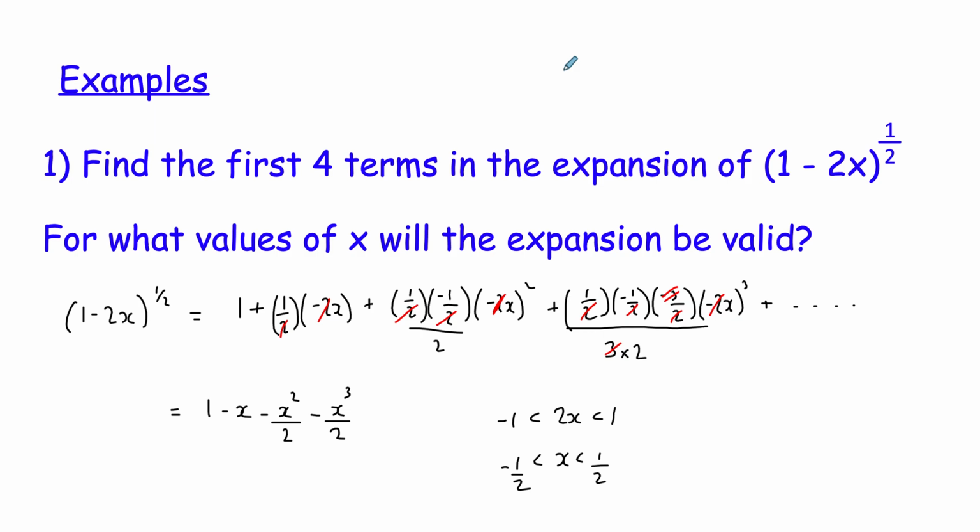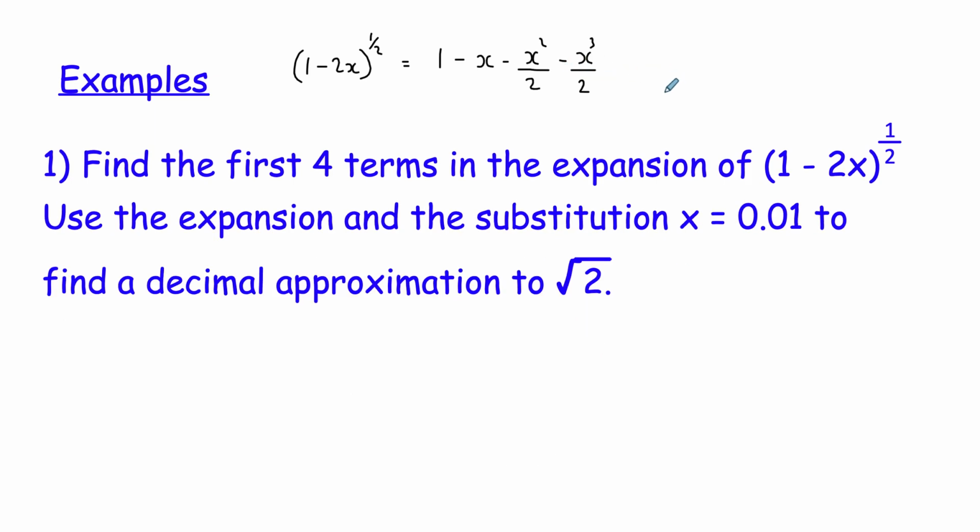Have I got that right? Minus a half and a half. Yep. Okay. Remember, that does continue forever. So, how am I going to use this approximation, making x equal to 0.01 to find a decimal approximation to root 2? Well, let's see what happens when I sub in 0.01.